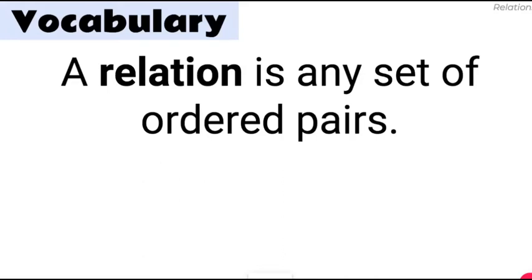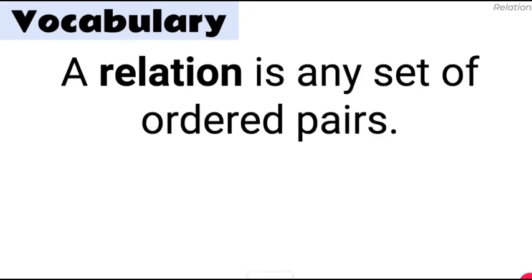It's just a grouping of ordered pairs together. In this case, we had menu items. Usually there's some sort of relationship, which is where the word relation comes from. But you definitely need to know a relation is any set of ordered pairs.